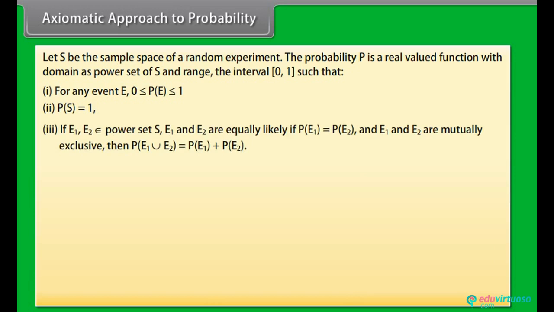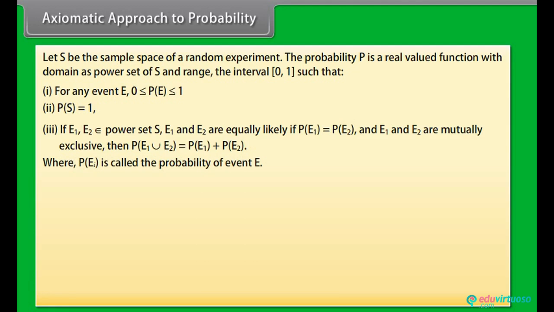If E1, E2 belong to the power set of S, E1 and E2 are equally likely if P(E1) = P(E2), and if E1 and E2 are mutually exclusive, then P(E1 ∪ E2) = P(E1) + P(E2), where P(Ei) is called the probability of event E.